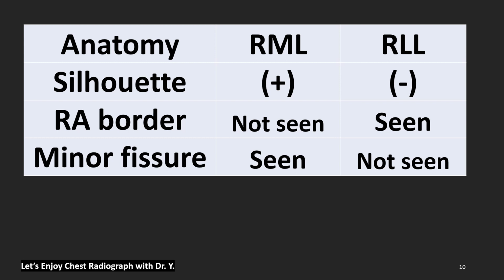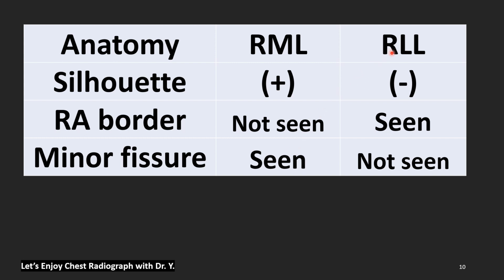Let's summarize. The left film was a right middle lobe lesion and silhouette sign positive. The right atrial heart border was not seen, and the minor fissure was clearly seen.